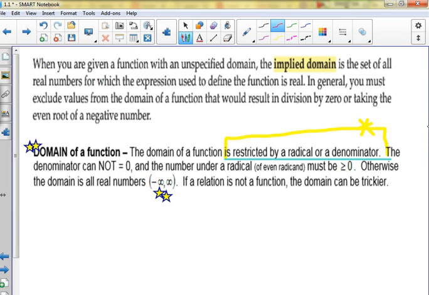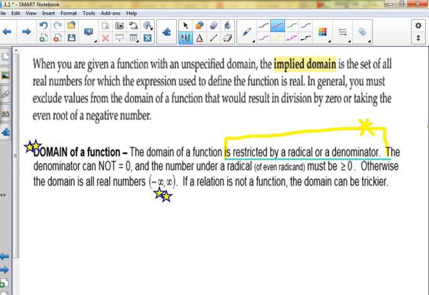All right, guys, when you're given a function with an unspecified domain, the implied domain is the set of all real numbers for which the expression will give you a real answer. In general, you must exclude values from the domain of a function that would result in division by 0 or taking the even root of a negative number. Students get so freaked out about domain restrictions.